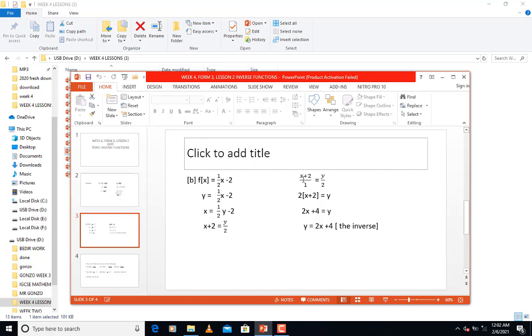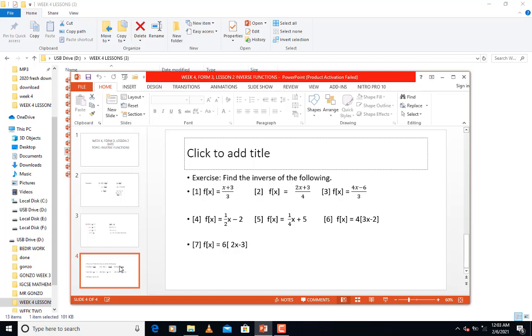Now make them uniform. x plus 2 over 1 is equals to y over 2. Now do the cross multiplication. 2 multiplied by x plus 2 in brackets is equals to 1 multiplied by y, which gives us y. Then remove the brackets. 2x plus 4 is equals to y. It's already y the subject of the formula, so y is equal to 2x plus 4. That is your inverse.